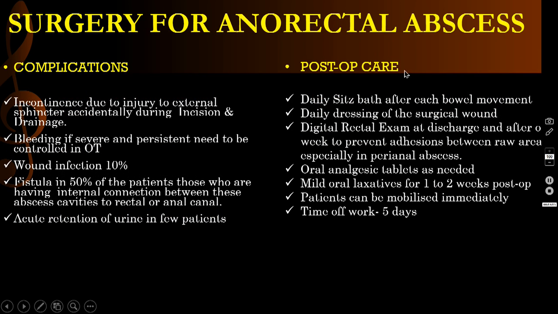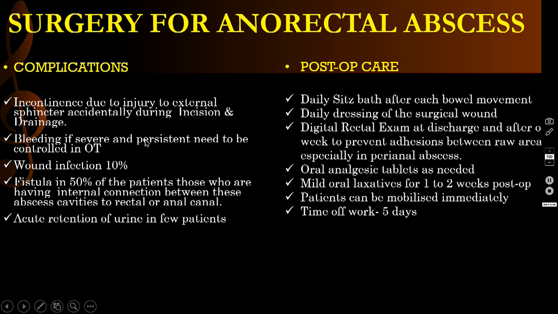So what are the complications of this anorectal abscess surgery? Because we are doing incision and drainage, accidentally we may injure the external sphincter. This may result in incontinence. Bleeding very occasionally can happen.